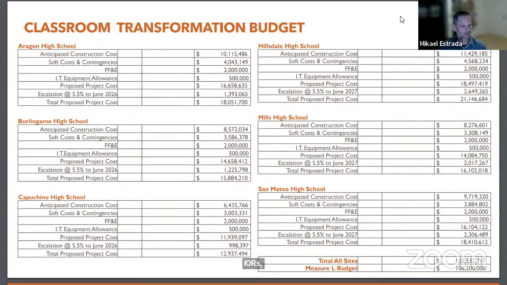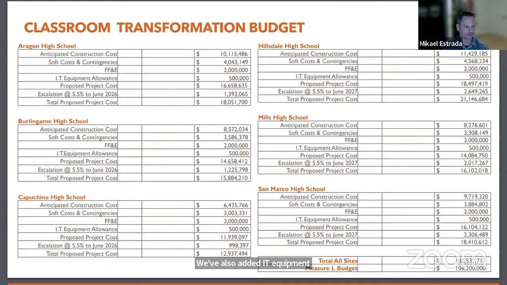You've got your architectural fees and Greystone's fees. Moving on to furniture is the FF&E. The district's currently working with the consultant to get those designs in place. We've also added an IT equipment allowance of $500,000 per site.